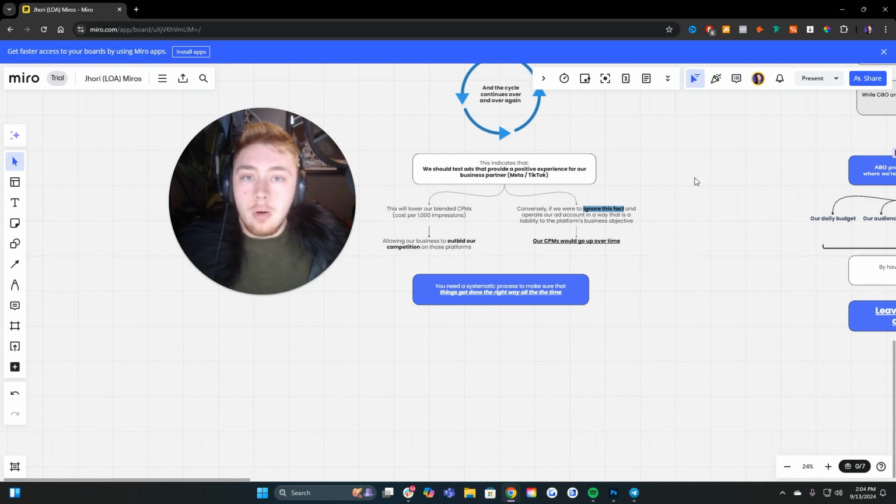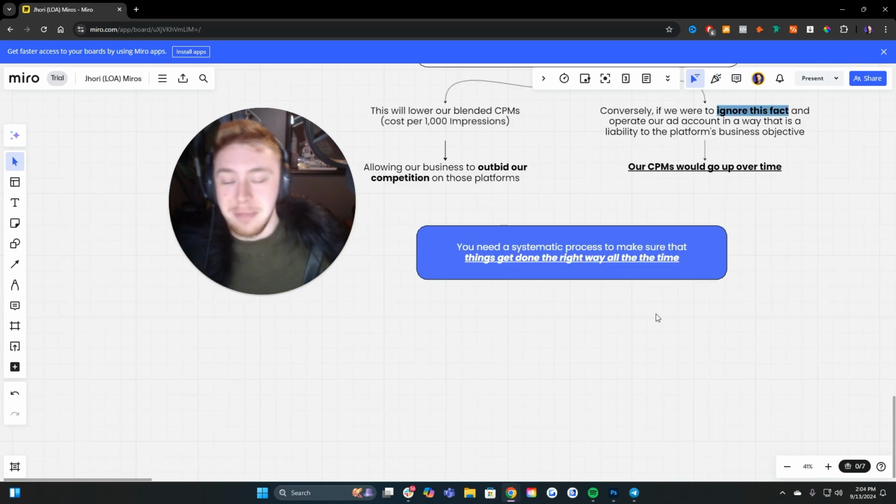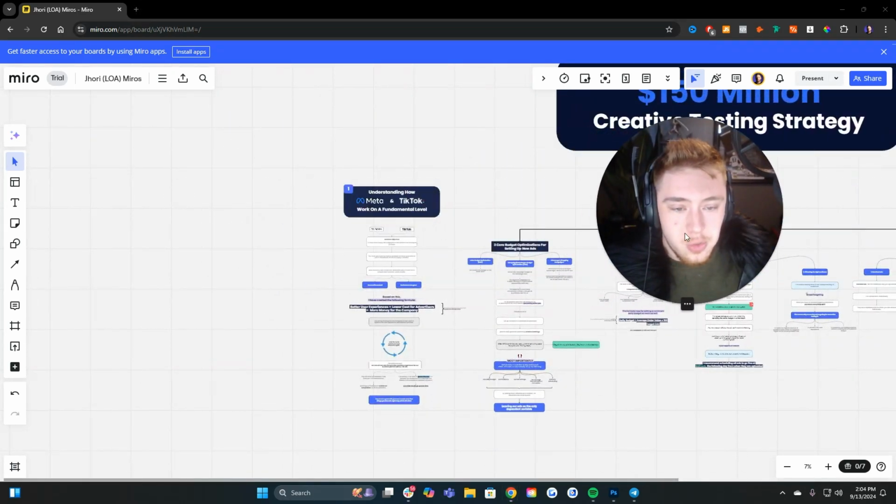Because Meta treats our business as a benefit to their business objective. Conversely, if we ignore this and we don't operate our ad account and creative testing in a way that is conducive to their business objective, our CPMs go up, our costs go up, and our competition gets an edge over us. We need a systematic process to make sure that things get done the right way all the time. So that's how the algorithms work.